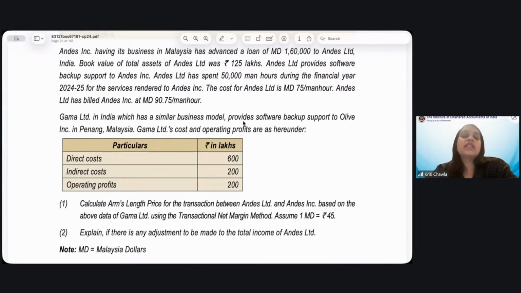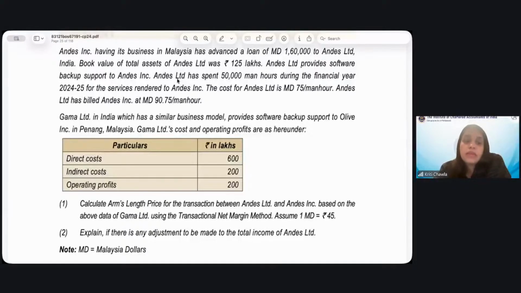Andes Limited provides software backup support to Andes Incorporation. Andes Limited has spent 50,000 man hours during the financial year 24-25 for the services rendered to Andes Incorporation. The cost for Andes Limited is Malaysian dollars 75 per man hour, and they have billed Andes Incorporation at Malaysian dollars 90.75 per man hour.